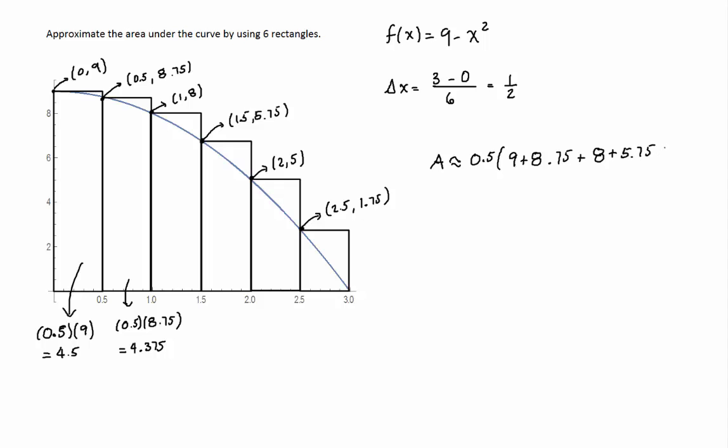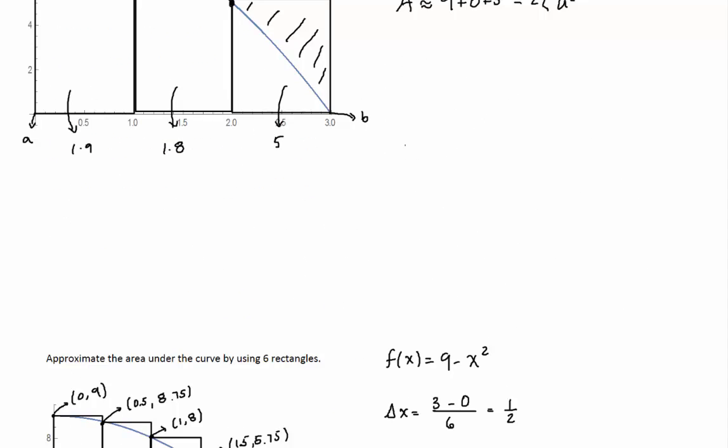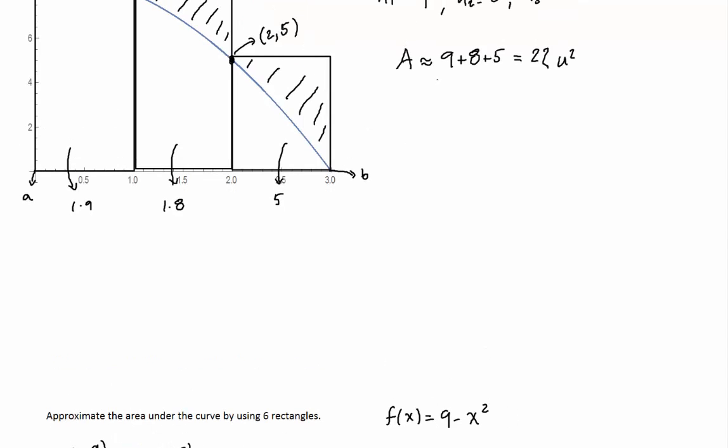And that saves you a lot of time. I want to run out of room, let me put it here. And that gives you 19.125 units squared. Now, this is a little smaller than what we had before, 22.